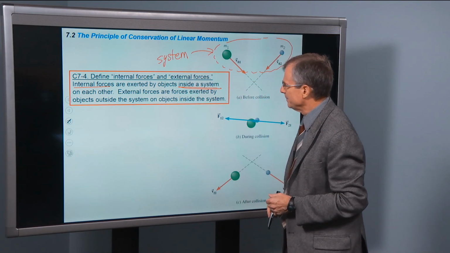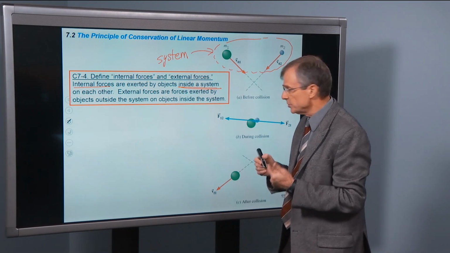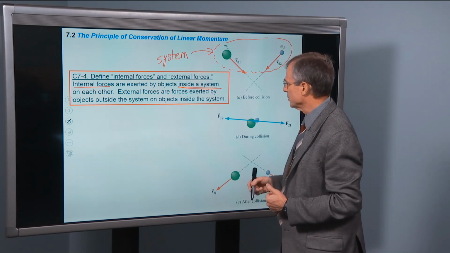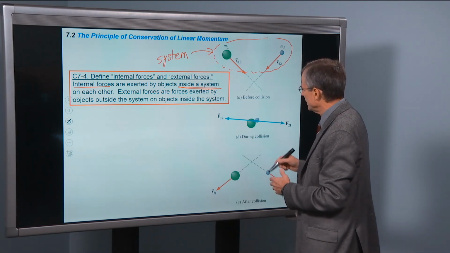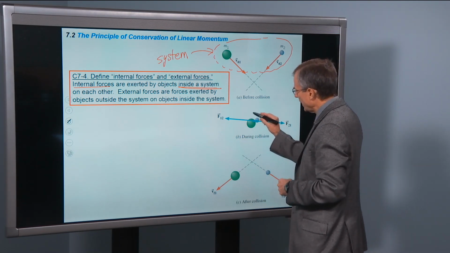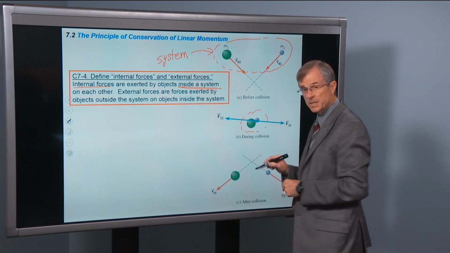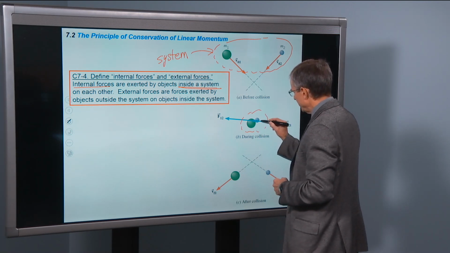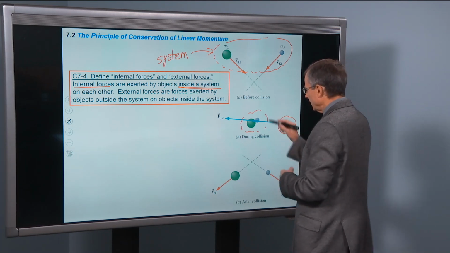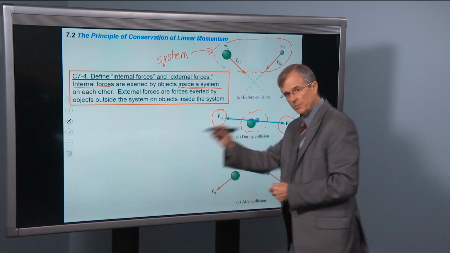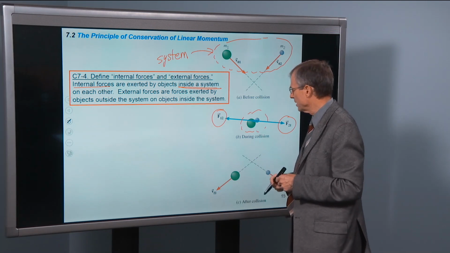Okay, between those two objects. The external forces are forces exerted by objects outside the system on objects inside the system. So, for example, while these two guys are in contact with each other, the one on the left exerts a big force on the one on the right. The one on the right exerts a big force on the one on the left, trying to push against each other.